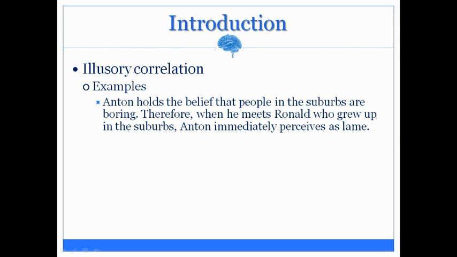When in fact, we know that people in the suburbs are not all lame. There's a couple of cool people out there. Of course, there are just as many cool people in the suburbs as there likely are in the city. But if someone holds that belief, they think that relationship is much stronger than it is, and then they start seeing the world as though this matches. So they start perceiving people who grew up in the suburbs as boring.